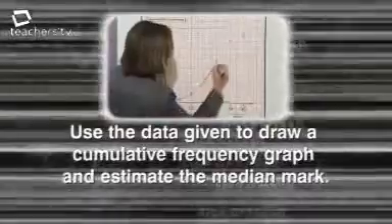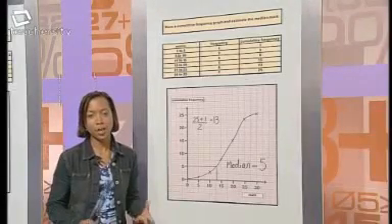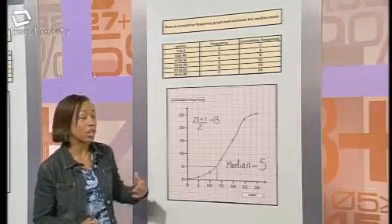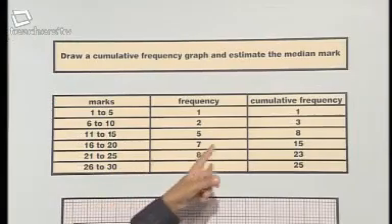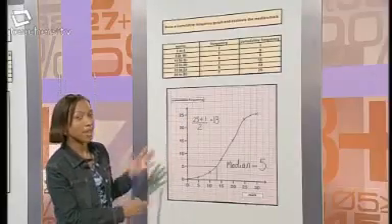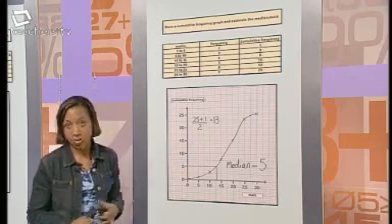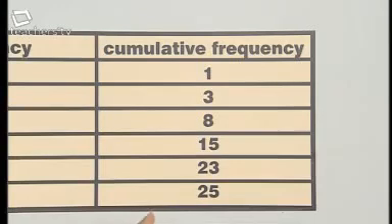Use the data given to draw a cumulative frequency graph and estimate the median mark. I plotted the upper value of each interval against the cumulative frequency and got a graph that looks like this. The median is the middle value of the data. To find that, I took the highest value of the cumulative frequency from my table, which is 25.